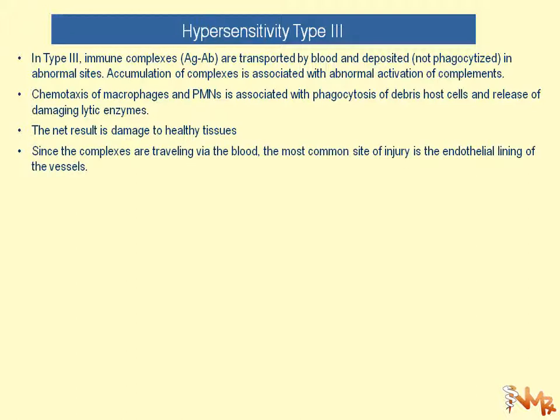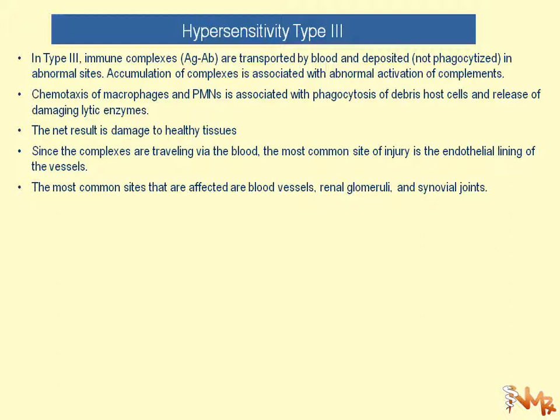Since the complexes are traveling via blood, the most common site of injury in type 3 is the endothelial lining of the vessels, so lock this information in. However, if I want to name the top 3 most common sites for type 3 effects, I'm going to name for you the blood vessels, the renal glomeruli, and synovial joints.